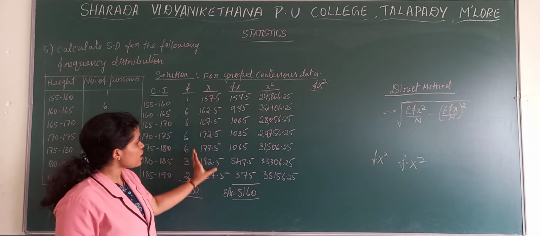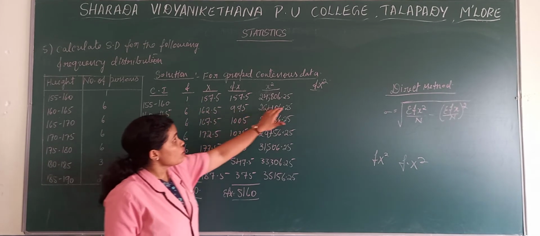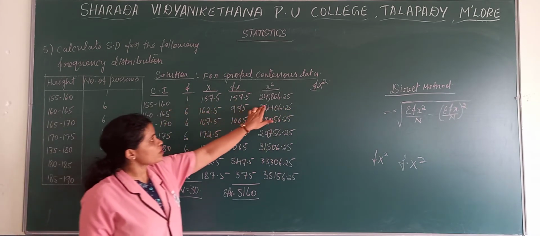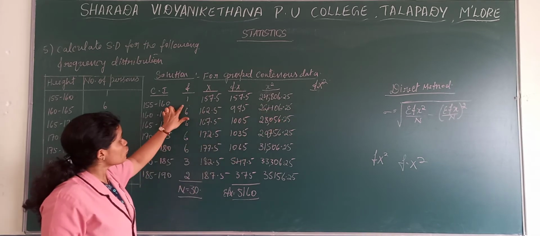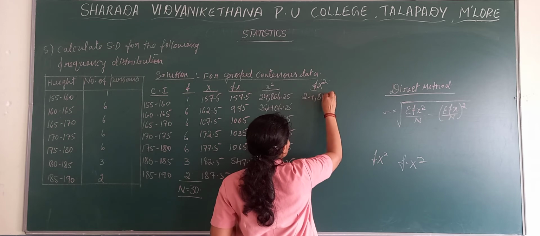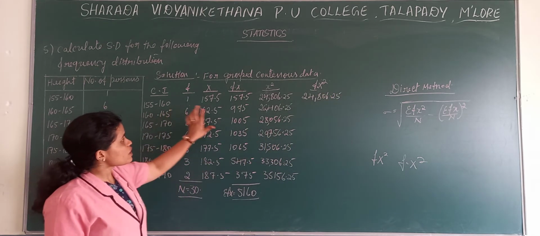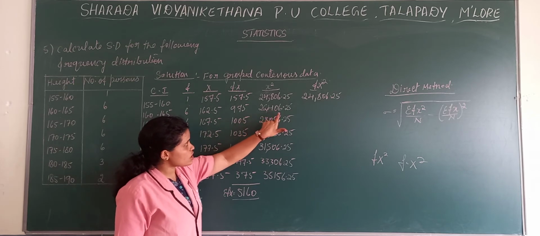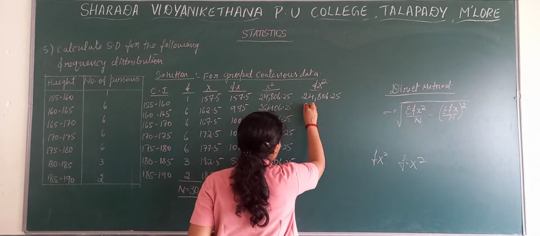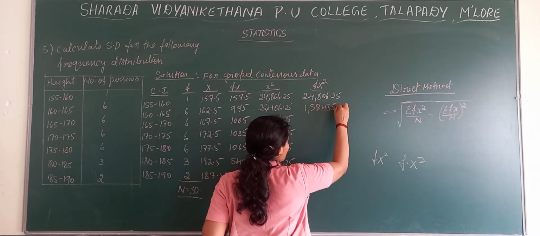You need to square the values of x, then multiply with frequencies. Now we will multiply this x square with the frequencies. The first one, 24,806.25 into 1, we get 24,806.25. Then next one, 6 into 26,406.25, there we get 1,58,435.25.